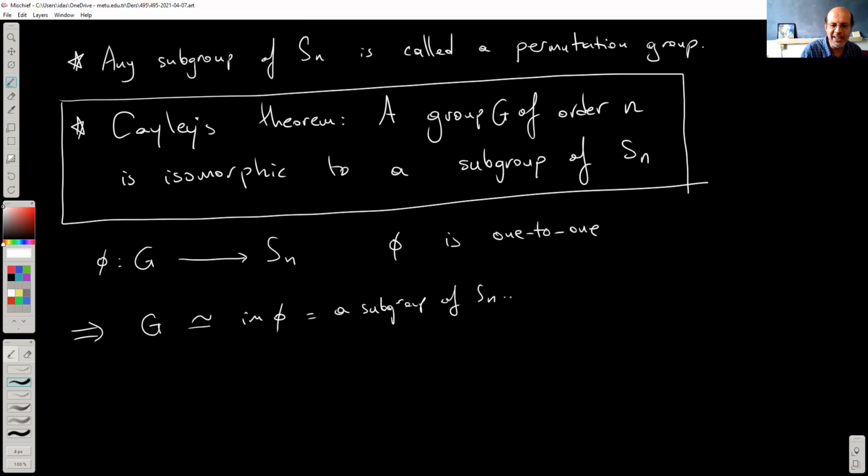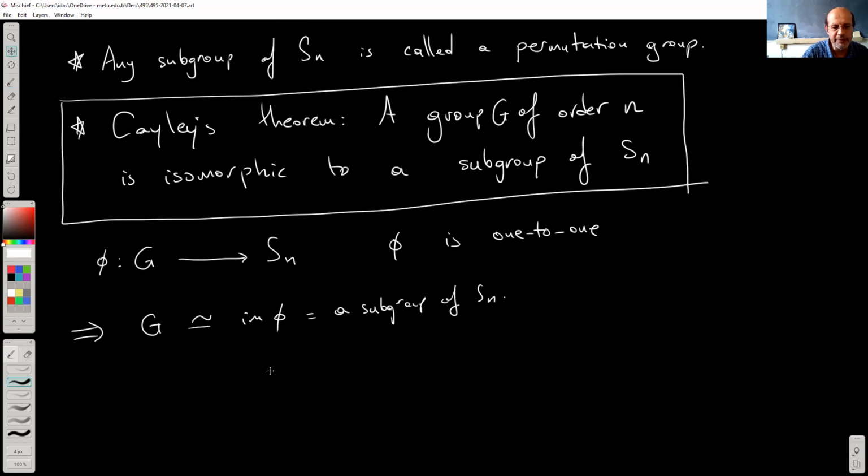So that tells you that the symmetric group somehow contains everything in a way. So as a result, these are the most difficult groups to study. And so this is an interesting result.